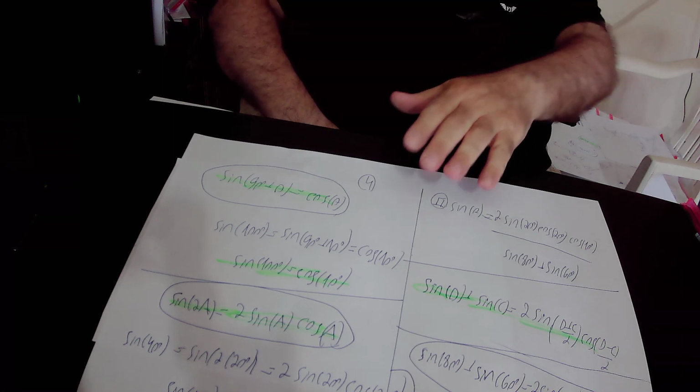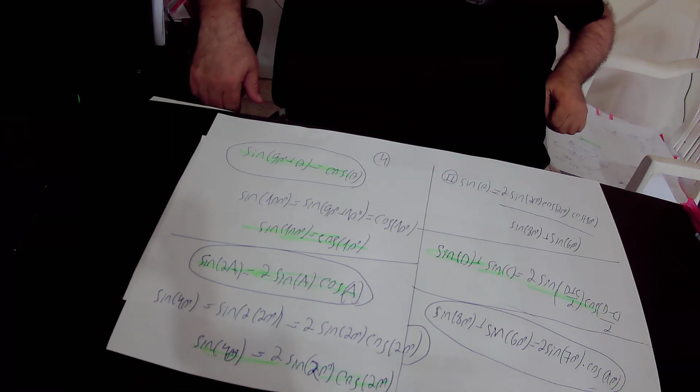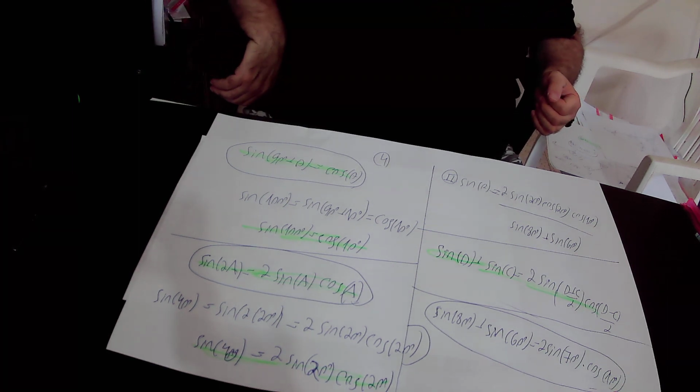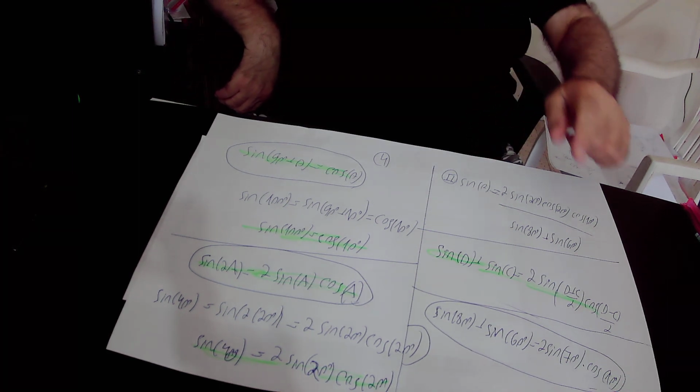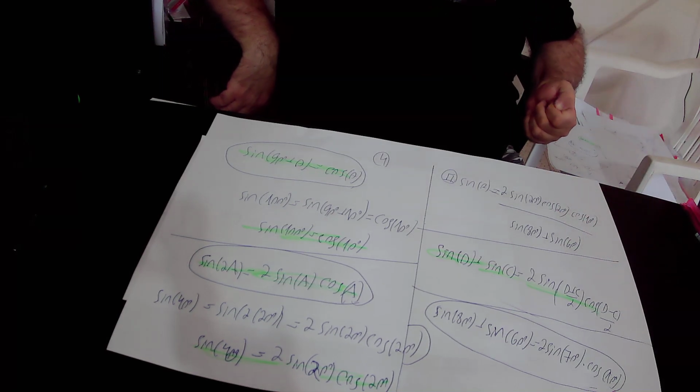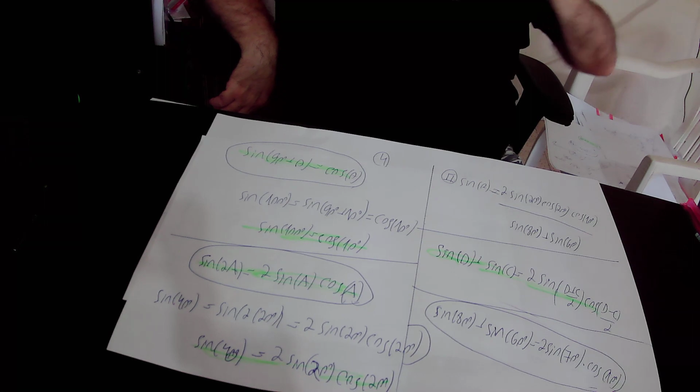And we have another trigonometric identity that sine d plus sine c equals 2 times sine of d plus c over 2 times cosine of d minus c over 2.